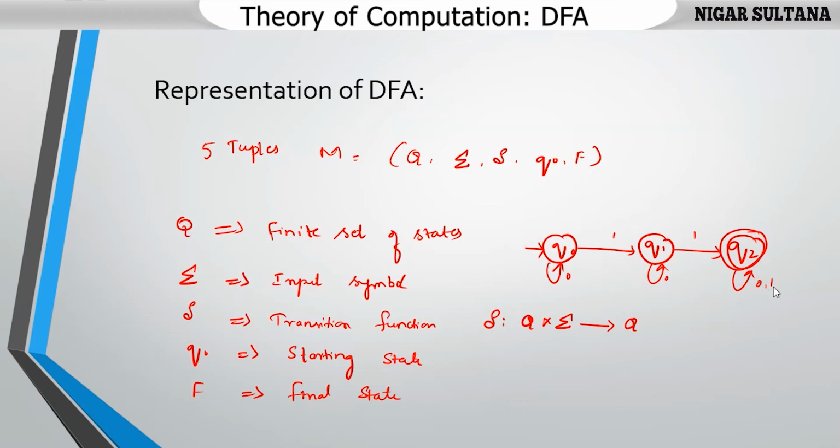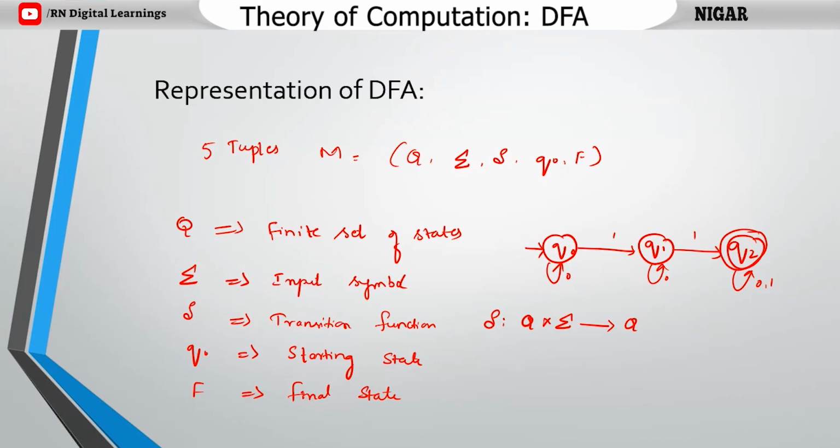This is an example for the DFA, wherein for each input symbol there is a deterministic state. From Q0, input 0 stays in Q0 itself. From Q0, input 1 moves from Q0 to Q1. From Q1, input 1 moves from Q1 to Q2. Input 0 goes to the same state. Next, from Q2, inputs 0 and 1 move from the same state to Q2 itself.